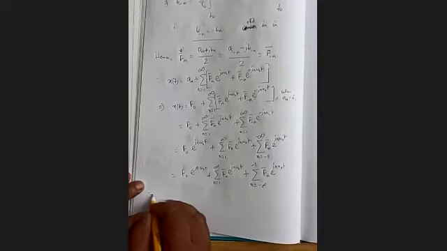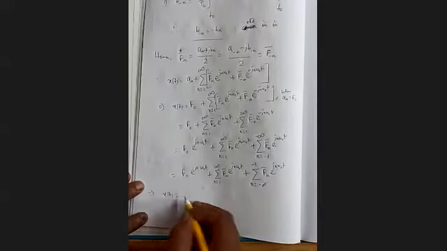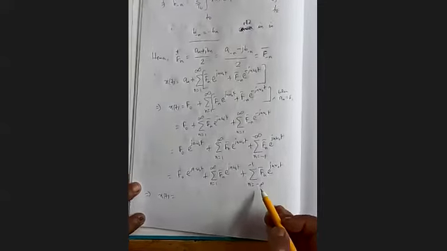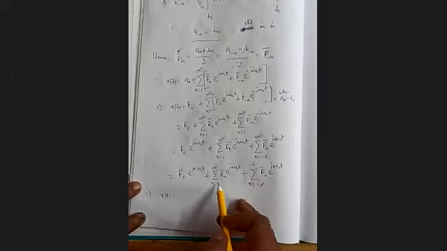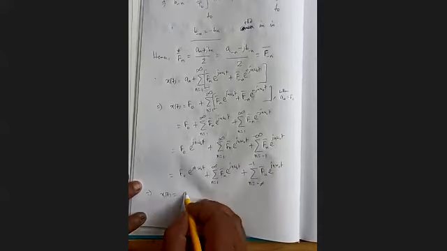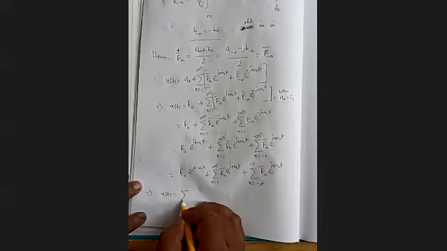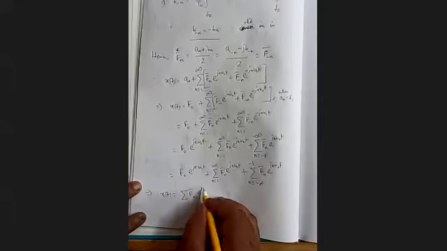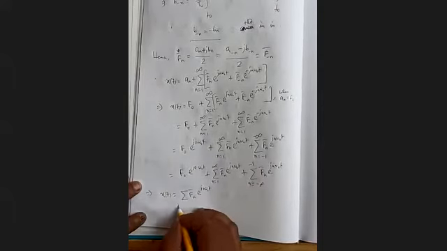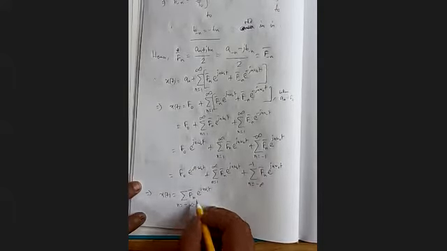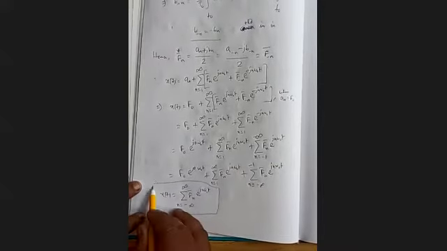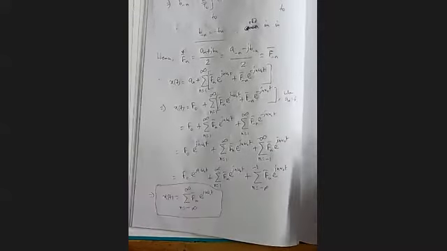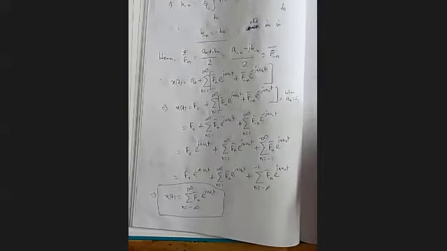So now we can write x(t) equals, n varying from minus infinity to minus 1, then n equal to 0, then n equal to plus 1 to plus infinity. So effectively it is Fn bar e to the power j n omega 0 t, n varying from minus infinity to plus infinity. This expression is the complex exponential form of Fourier series.